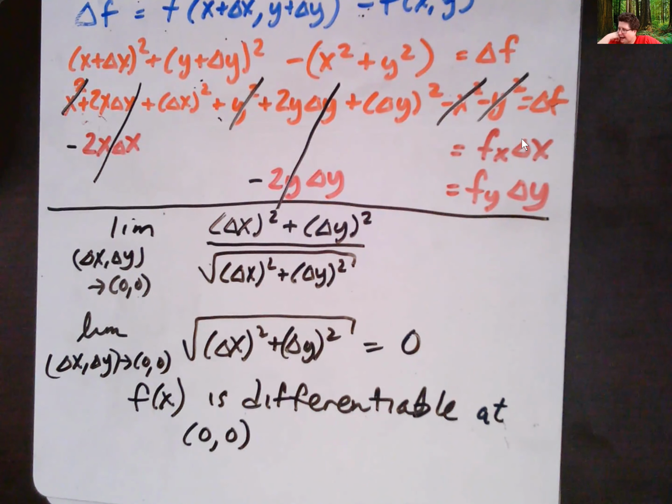Now, I asked to show it at 0, 0 and 1, 1. Did I ever actually reference a point in my operations?